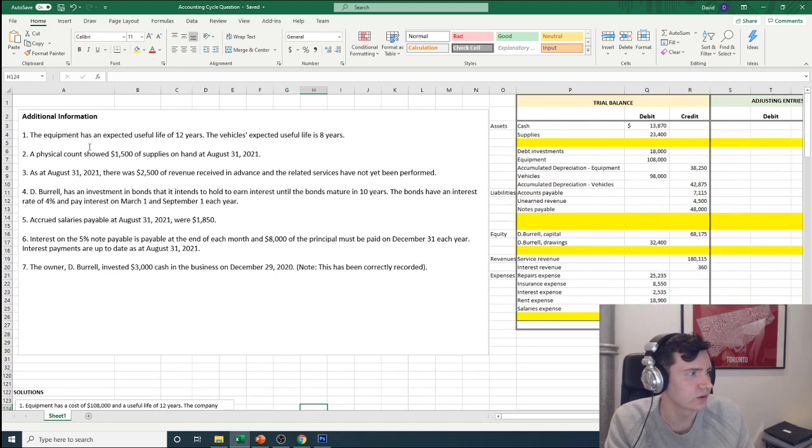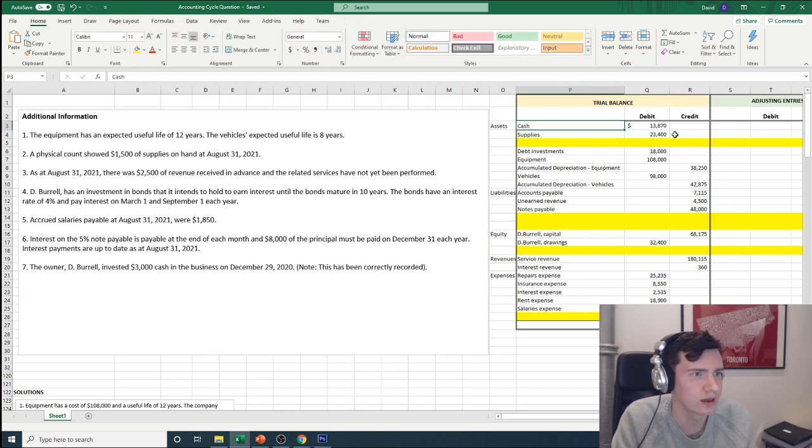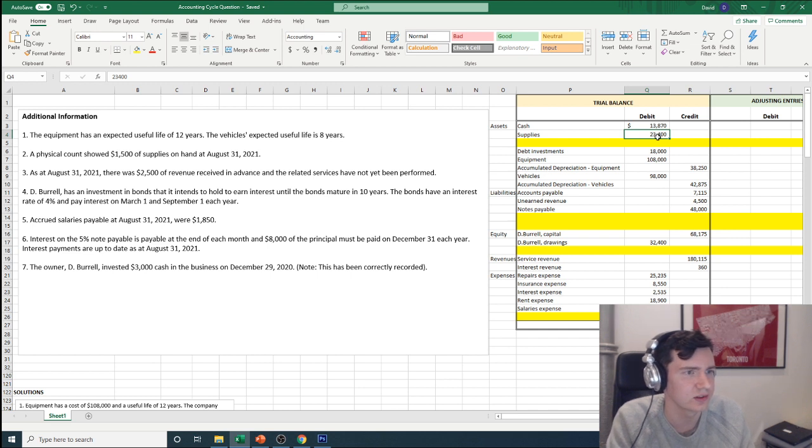Okay, so next one. A physical count showed $1,500 of supplies on hand at August 31st, 2021. Okay, so we're at a point in time, we know we have 1,500 of supplies. Let's cross-reference this with our trial balance amount. So the trial balance shows a debit balance of $23,400.